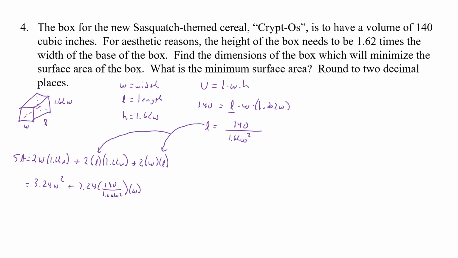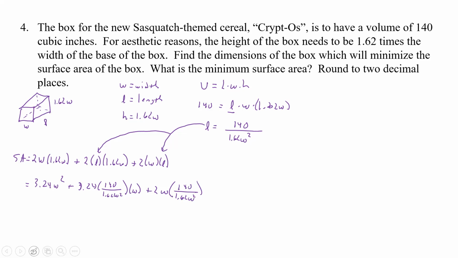Okay, so we have some things that we could have canceled out if we had simplified. One of those cancels there, but we'll get to that in a little bit. And then 2W times 140 over 1.62 W squared.